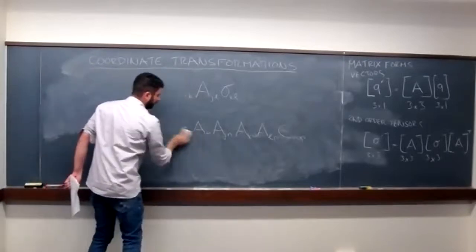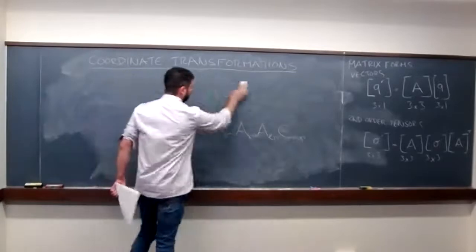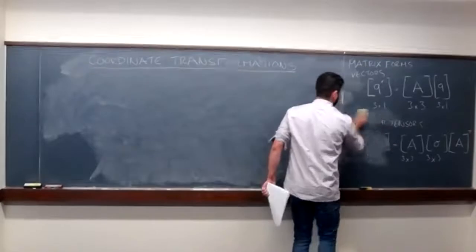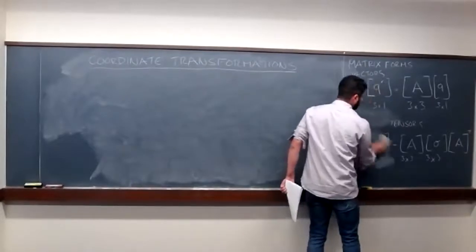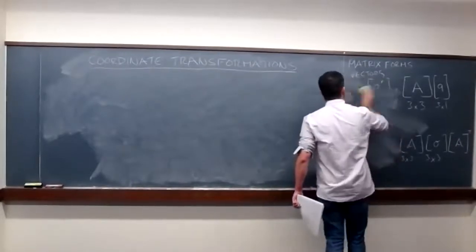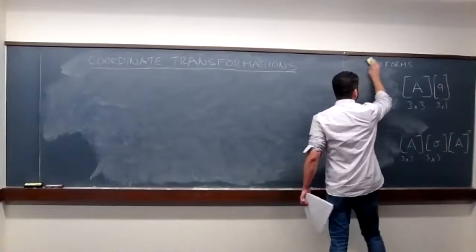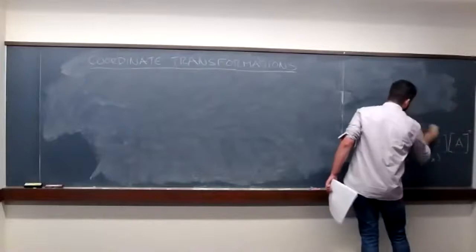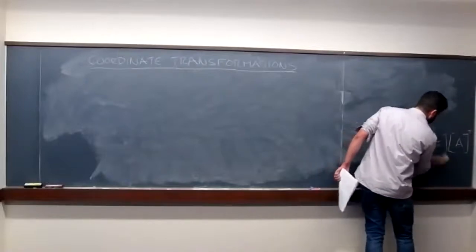So the last thing I want to do today is a short example that I think highlights the differences between a rotation matrix and a coordinate transformation, and how you can get in trouble if you're not being careful.